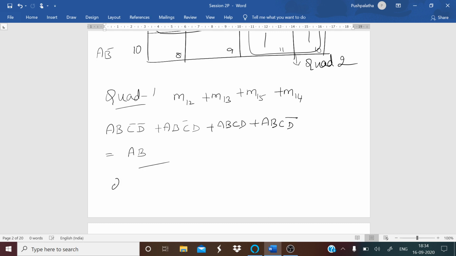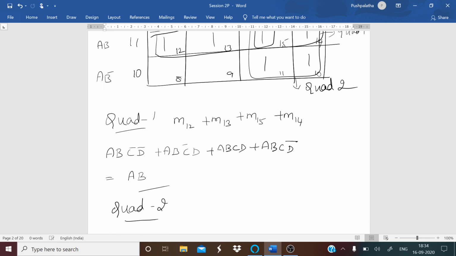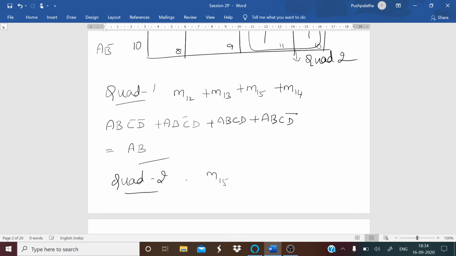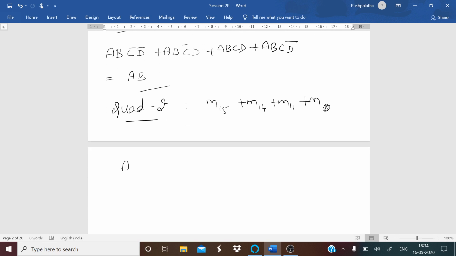Similarly, we go for your quad 2, which is 15, 14, 10 and 11. M15 plus M14 plus M11 plus M10. So what is your M15 now? M15 is A, B, C, D, right?